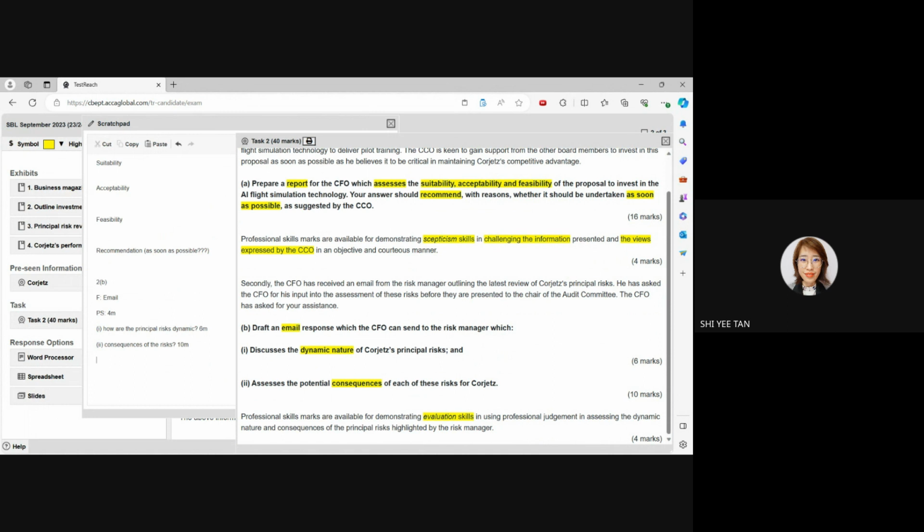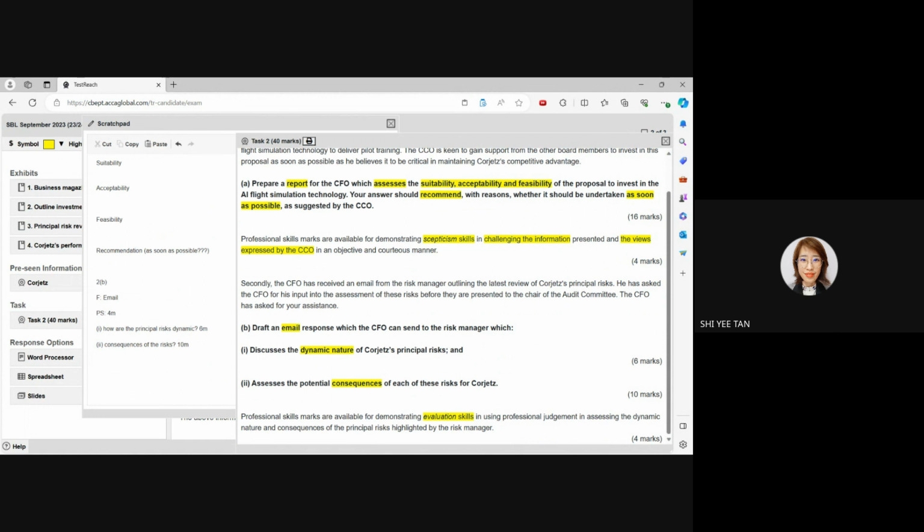That is how they test your evaluation skills. So when you answer the 2B question, the answer should be more in the direction of foreseeing rather than surrounding whatever is happening now only. You're supposed to foresee what will happen in the future.